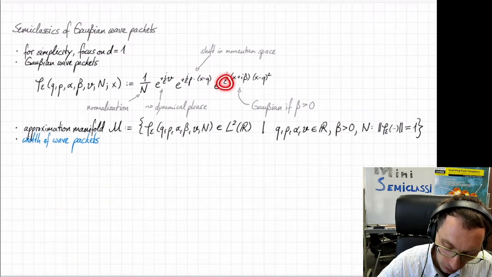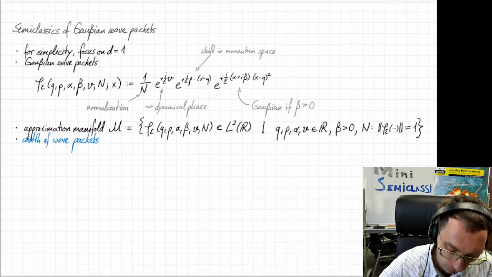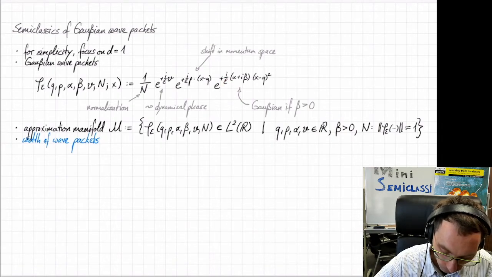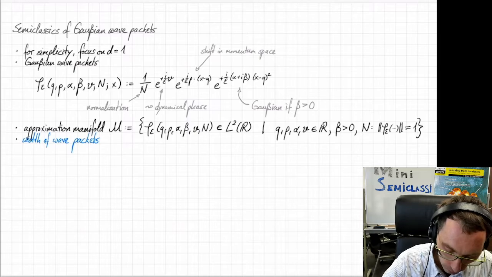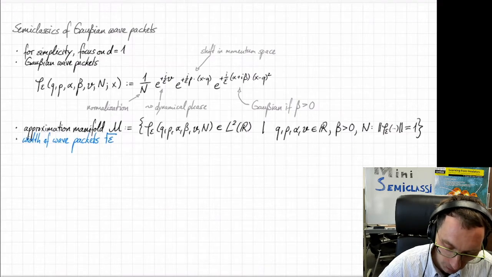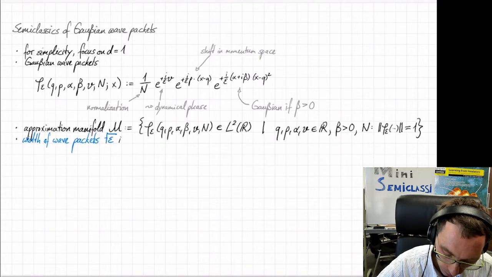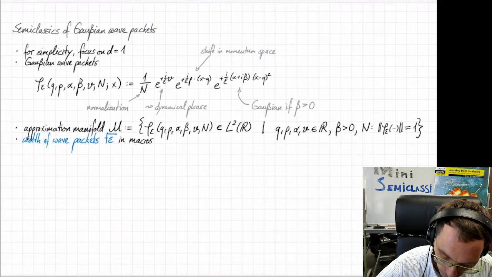So the width of a Gaussian is the square root of this prefactor in a sense, right? So the width here is square root of epsilon, and this is because here we're using macroscopic units. So this is in macroscopic spatial units.